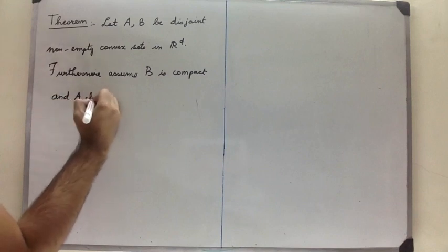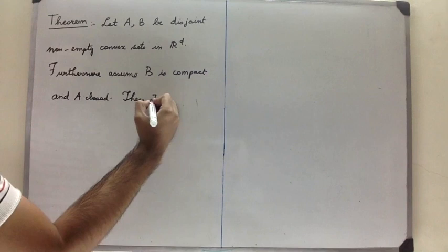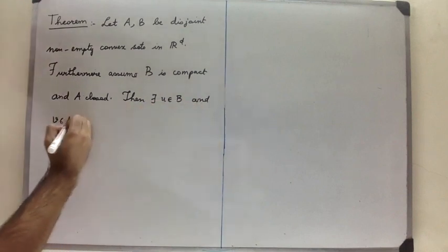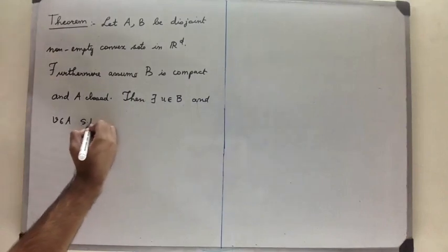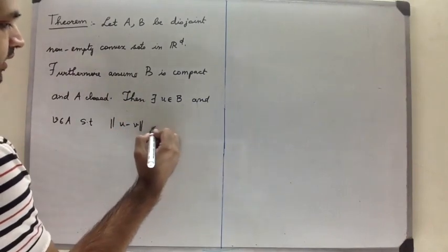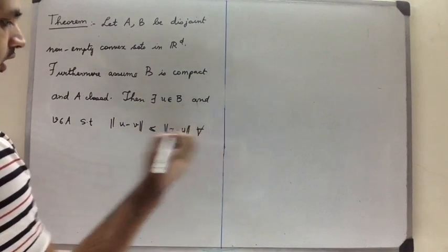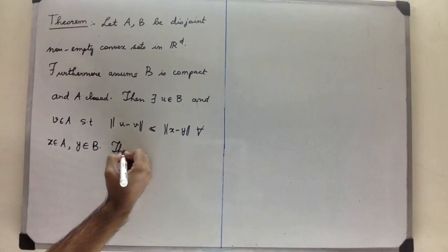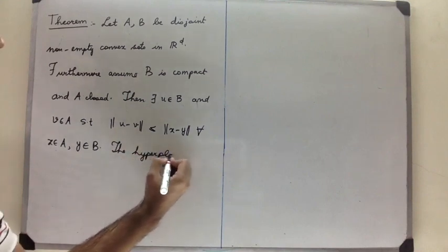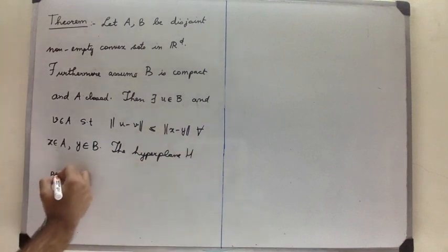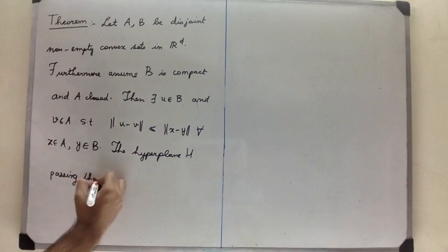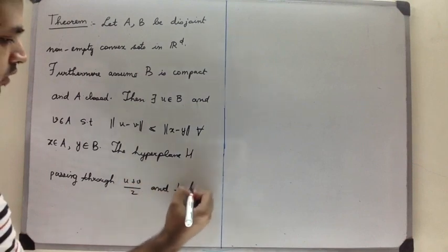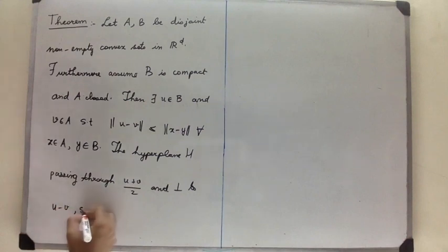Then there exist points u element of B and v element of A such that mod u minus v is less than or equal to mod x minus y for all x element of A and y element of B. Furthermore, the hyperplane H passing through u plus v by 2 and perpendicular to the direction u minus v strictly separates A and B.